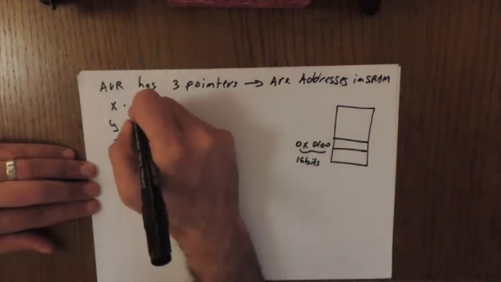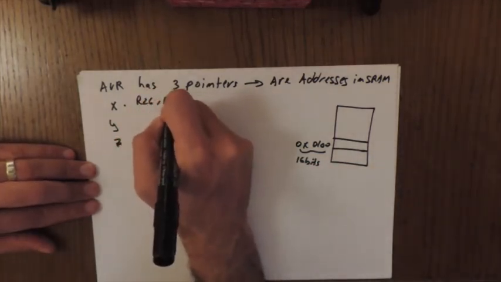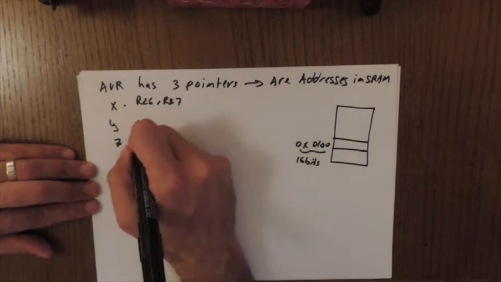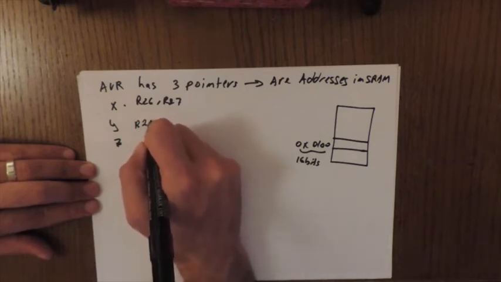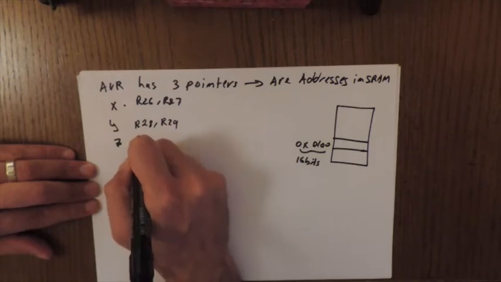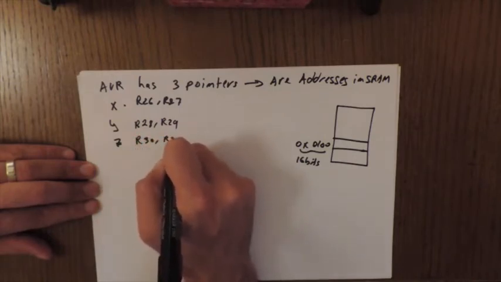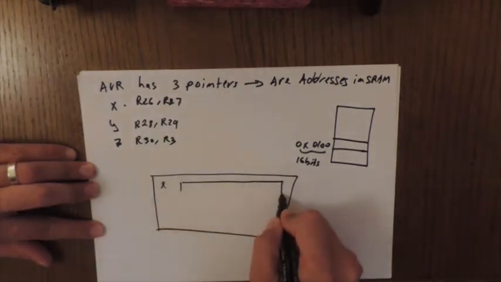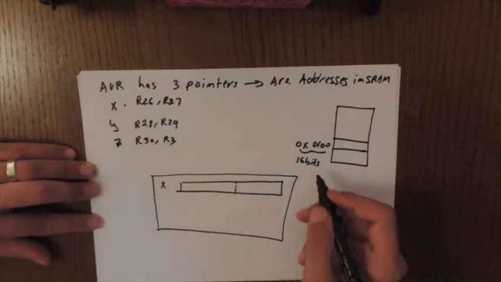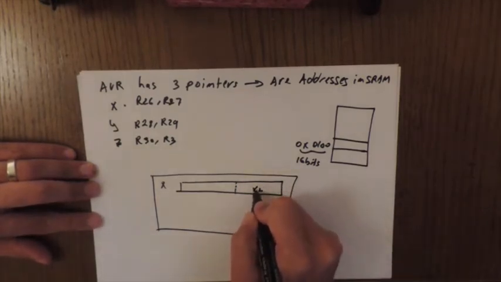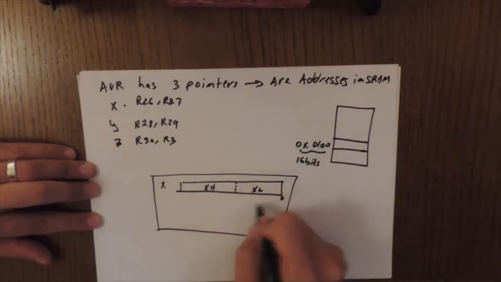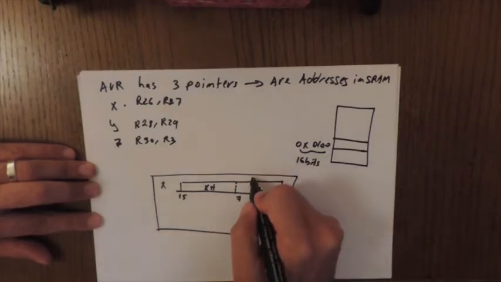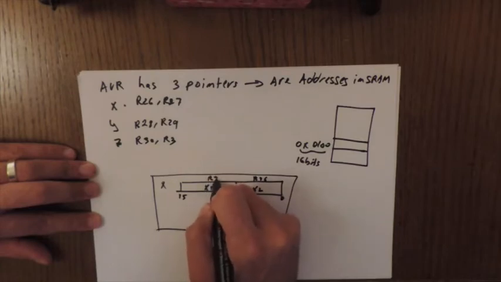So the X register uses R26 and R27 to hold the value of X, Y uses R28 and R29, and Z will be R30 and R31. So if I do a table like this, we have X, taking 16 bits. This is X low and this is X high, the low byte going all the way up to bit 15, and these will be R26 and R27.